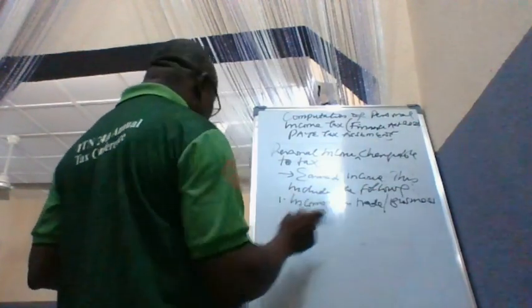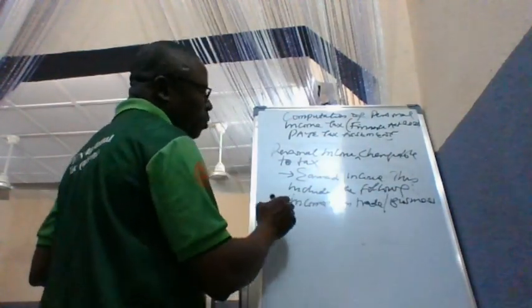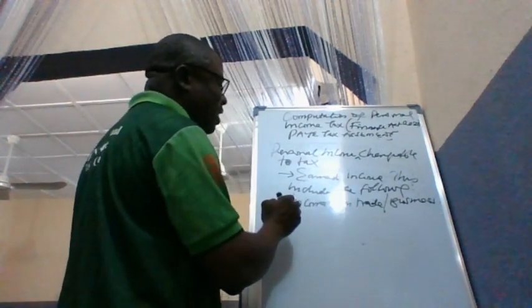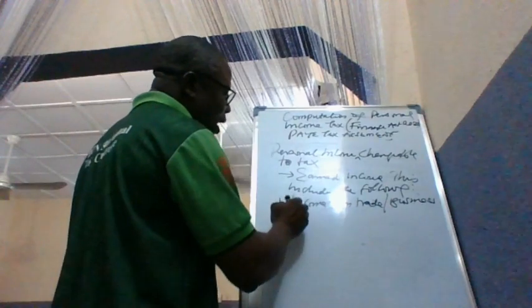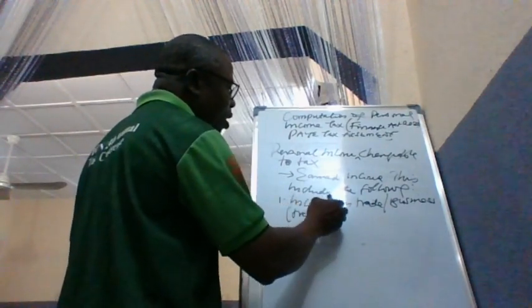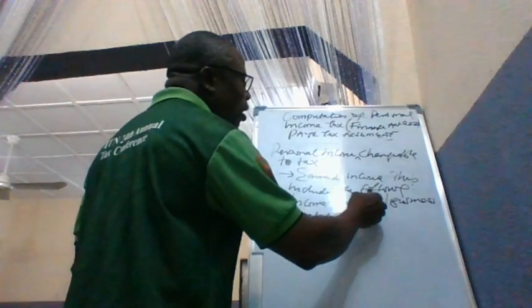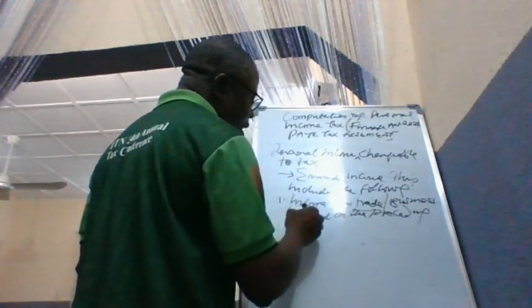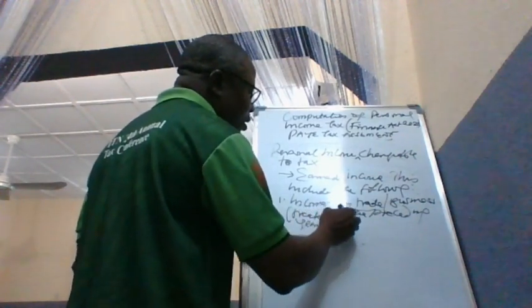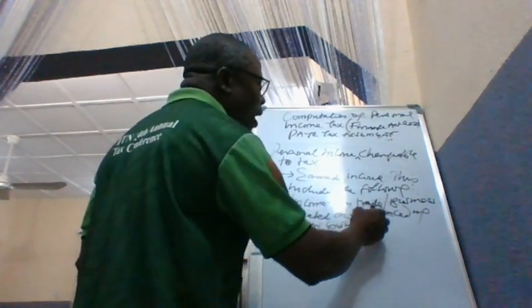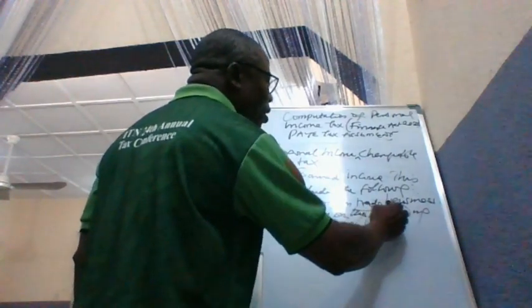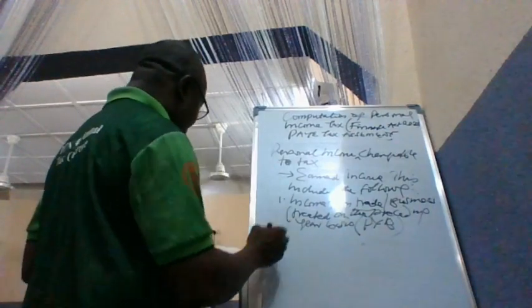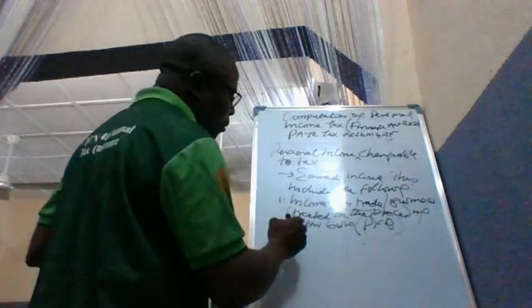This kind of income is treated in taxation on the preceding year basis, that is PYB. The second one is income from previous employment.